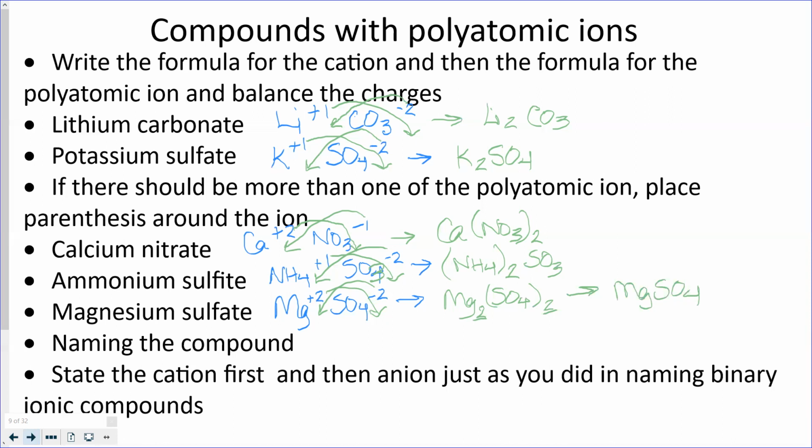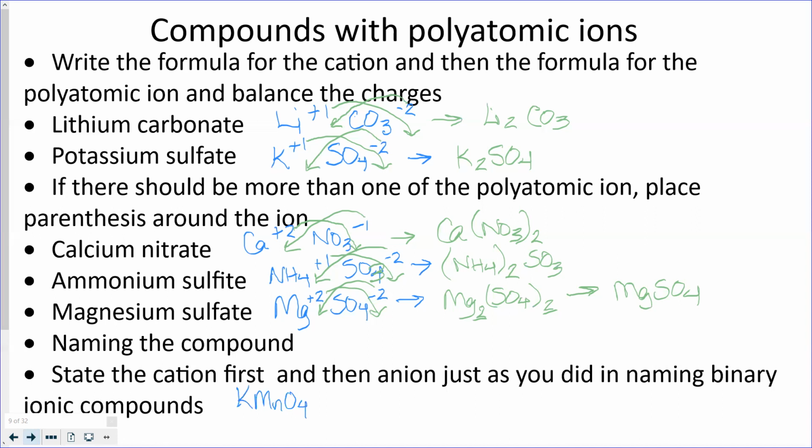On the flip side, if you are naming the compound, you simply state the cation name first, then the anion name, just as you would for your other ionic compounds. But remember, you are never going to change the name of a polyatomic. So if we had something like KMnO4, notice that there are more than 2 capital letters, so we know there's a polyatomic there.